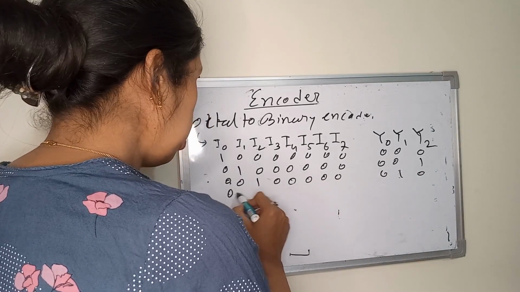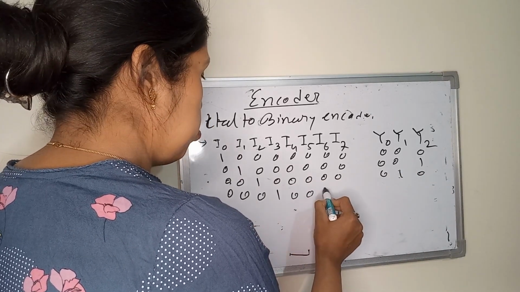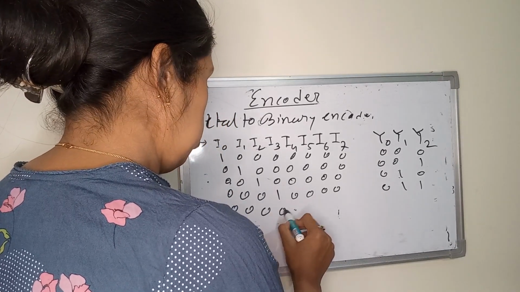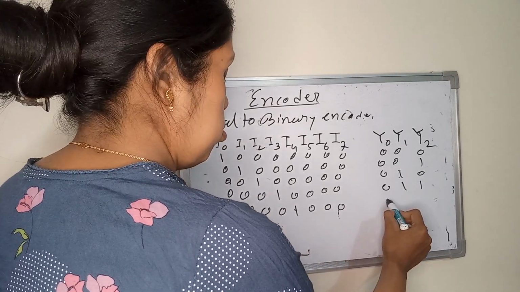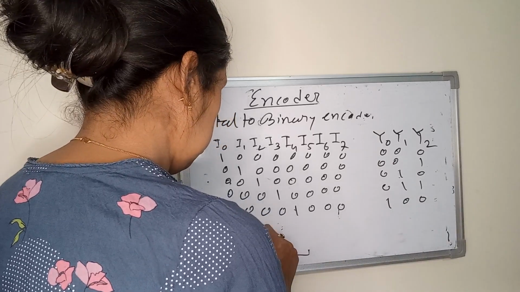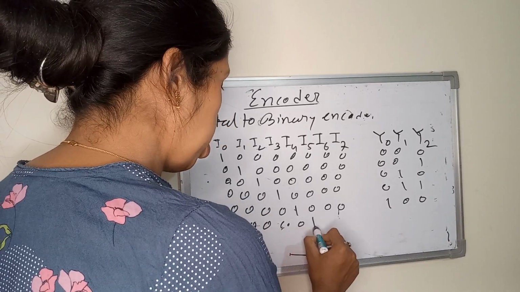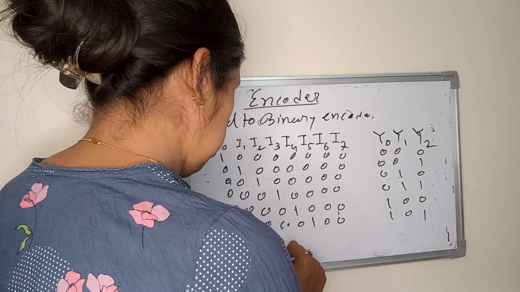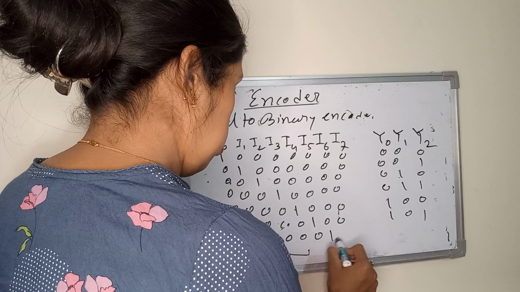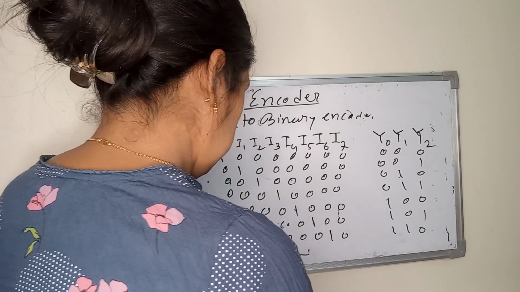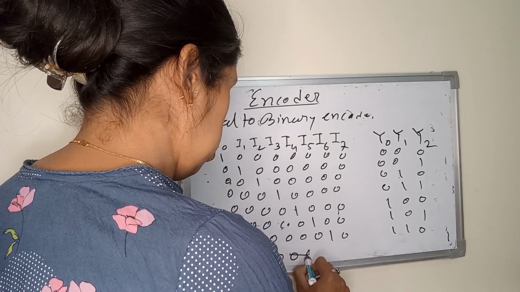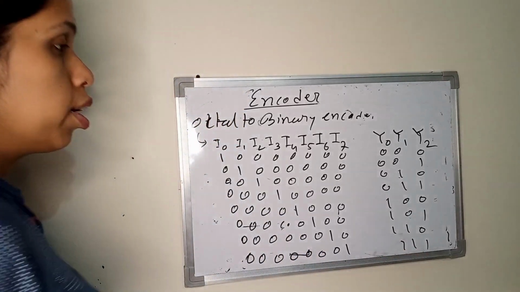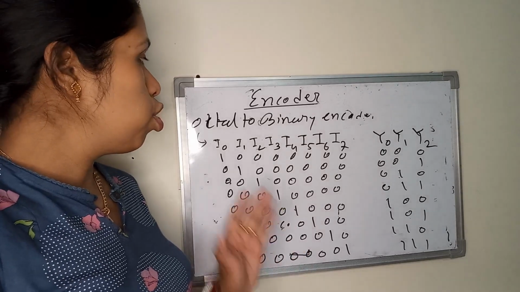I'm writing all the rest here. So this is my truth table for octal to binary.